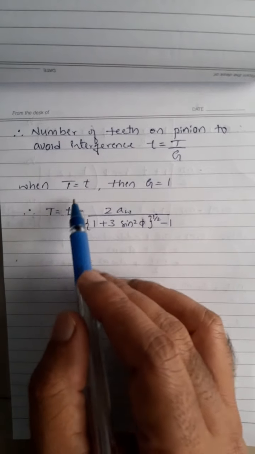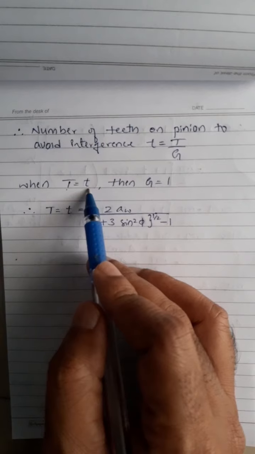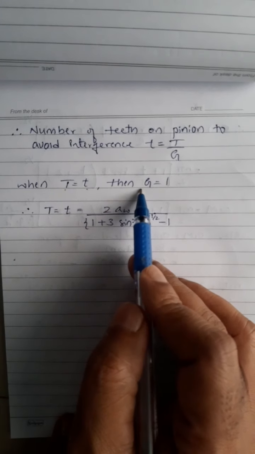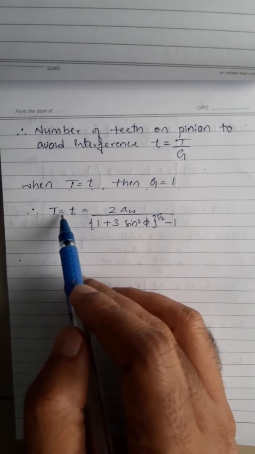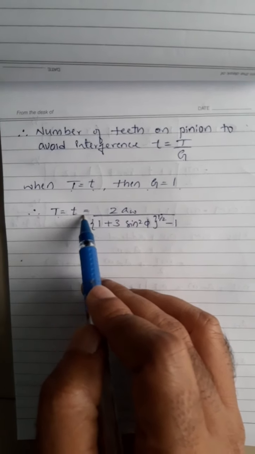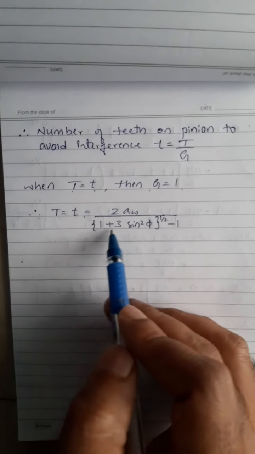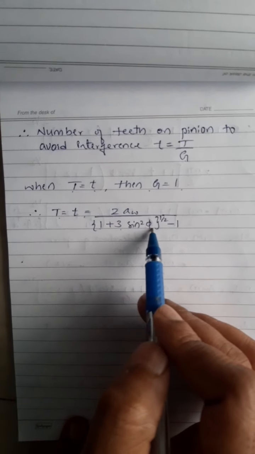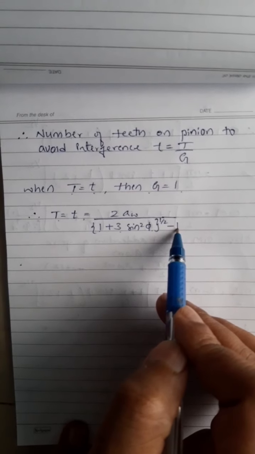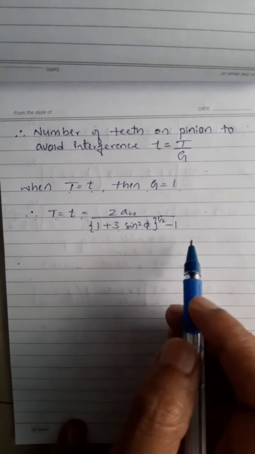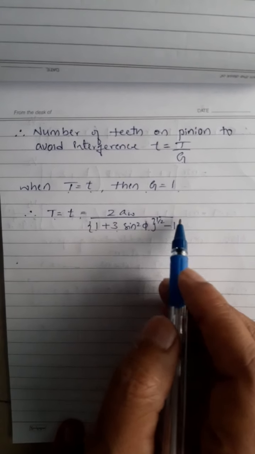In case the number of teeth on the gear is equal to the number of teeth on the pinion, then the gear ratio will become 1. Then the equation can be rewritten as capital T is equal to small t is equal to 2AW divided by 1 plus 3 sin square phi raised to 1 by 2 minus 1. So this is all about the minimum number of teeth required on the gear and pinion to avoid the interference.